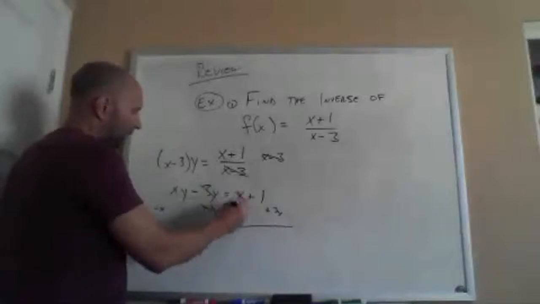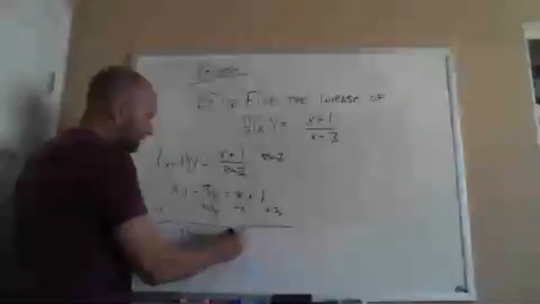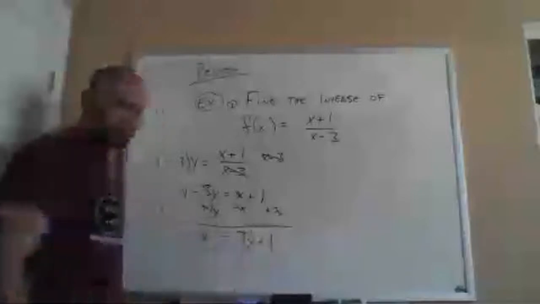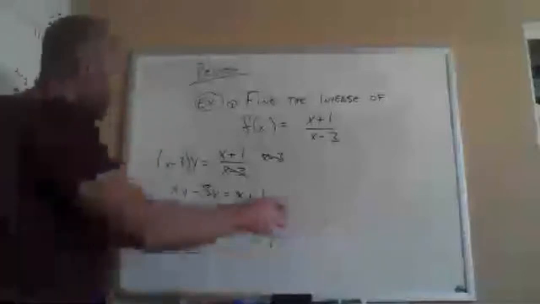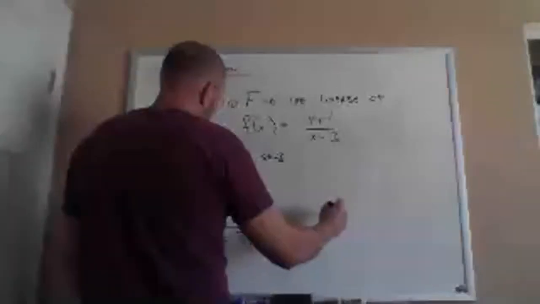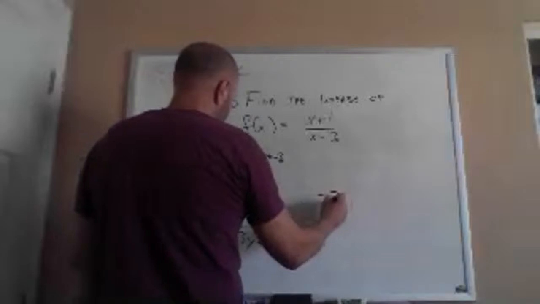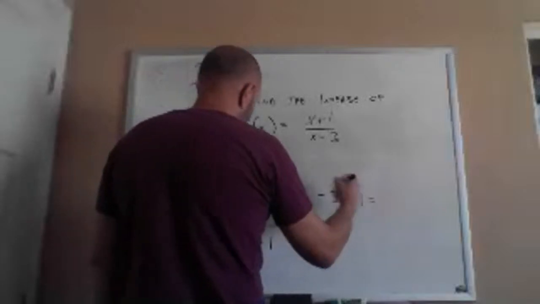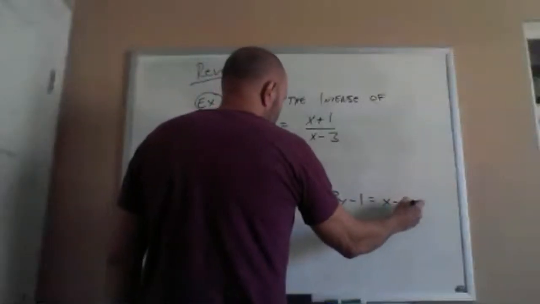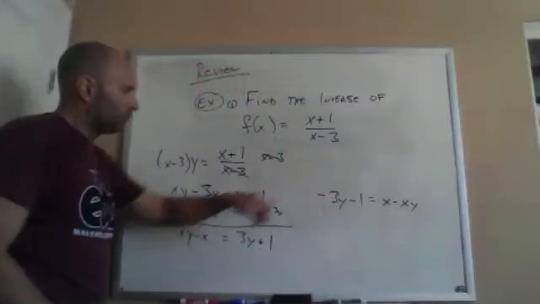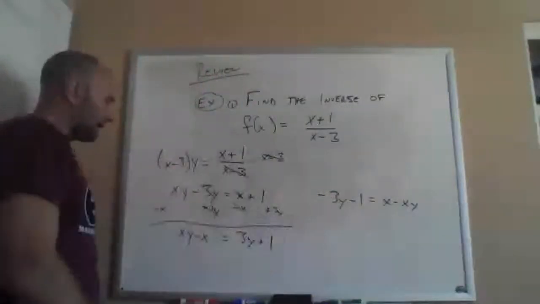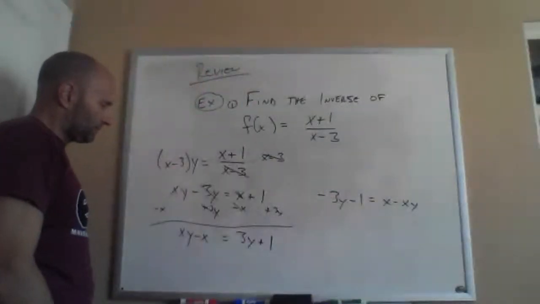These guys cancel out. And then over here, 3y plus 1. If you moved it the other way, you'd end up with negative 3y minus 1 equals x minus xy. So these two are equivalent. It's just that they're on opposite sides of each other.